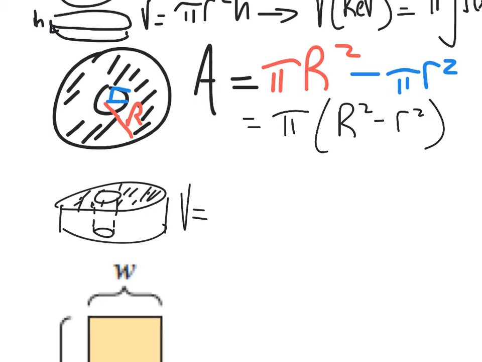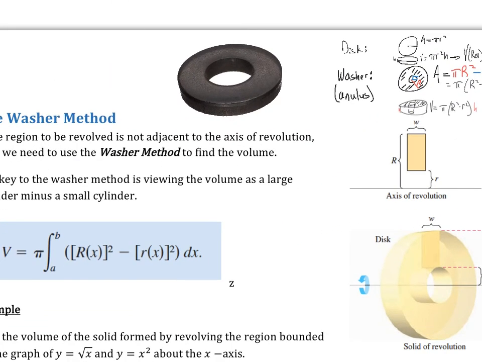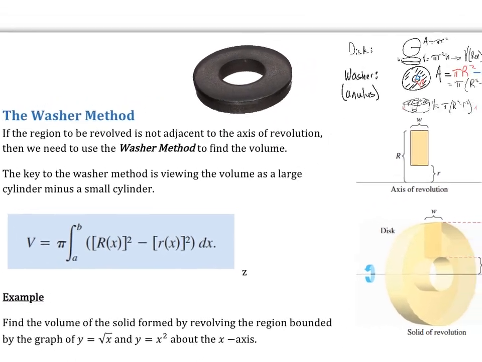The volume is going to be pi times big R squared minus little r squared, that's the area of the base, times the height. Well, when we take that into our integral situation, we can see this.